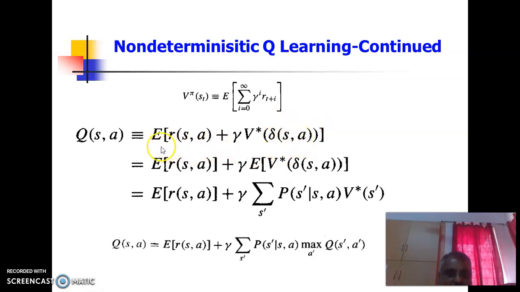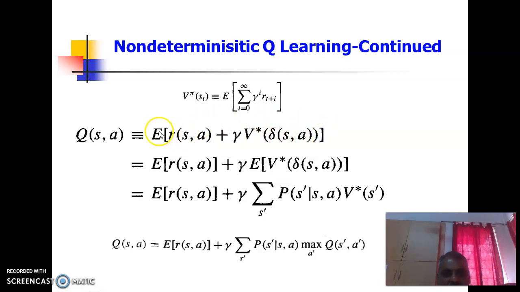But now we have to treat all these things as random variables, and we have to go for the averaging mechanism, expectation. So in the non-deterministic case, we write Q of s comma a is equal to E of r of s comma a plus gamma V star of delta of s comma a.